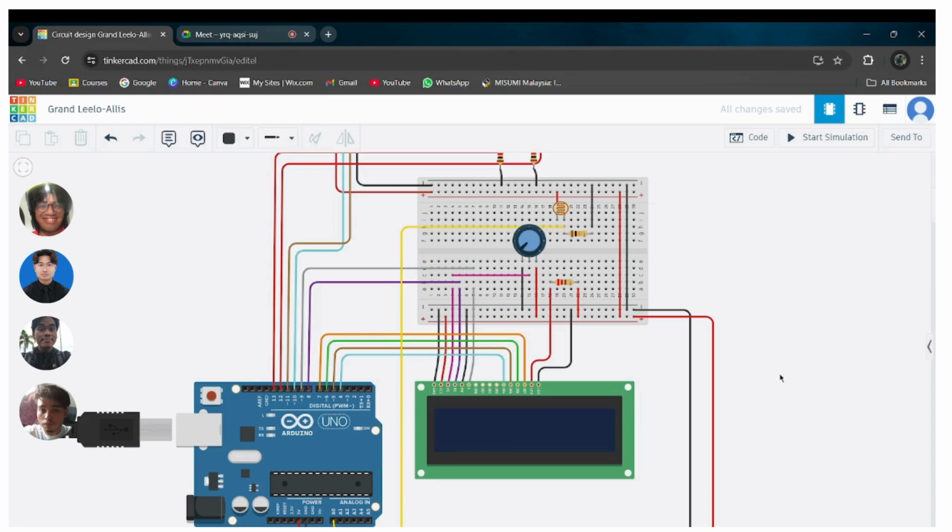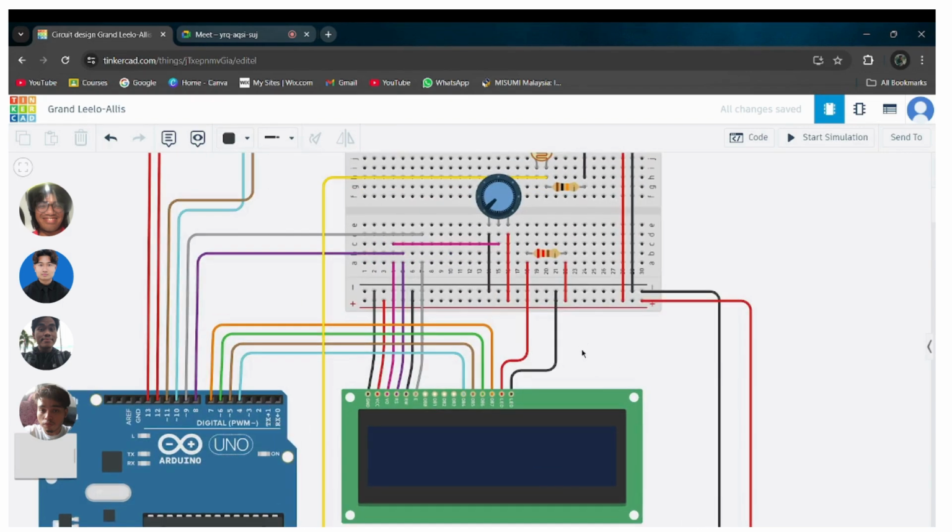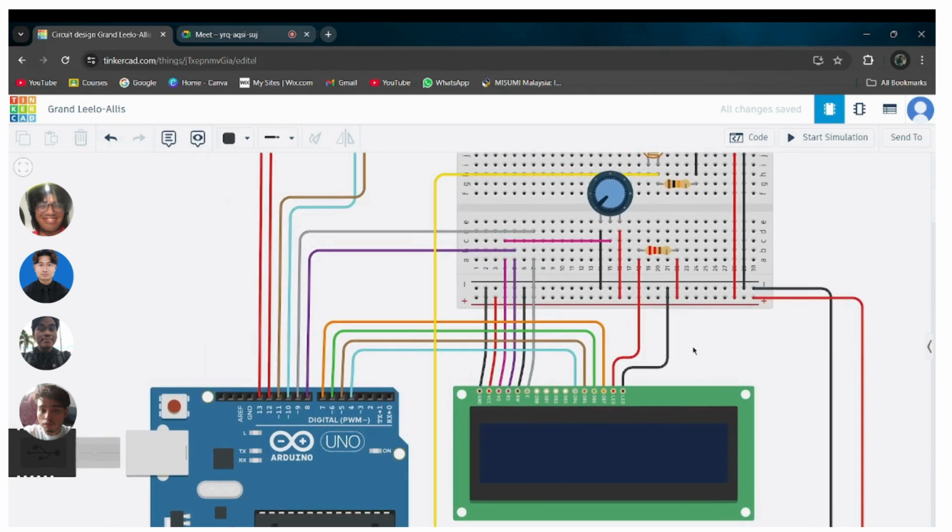Meanwhile, the enable pin will connect to digital pin number 9. Up next, D4, D5, D6, and D7 will each connect to digital pins number 4, 5, 6, and 7.